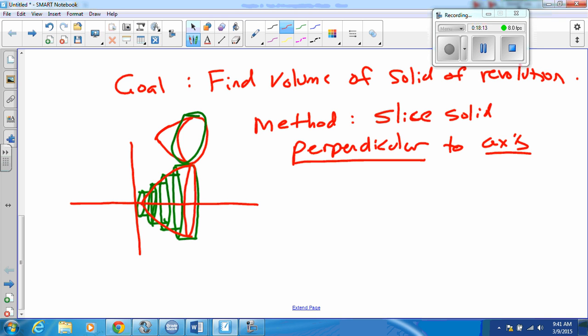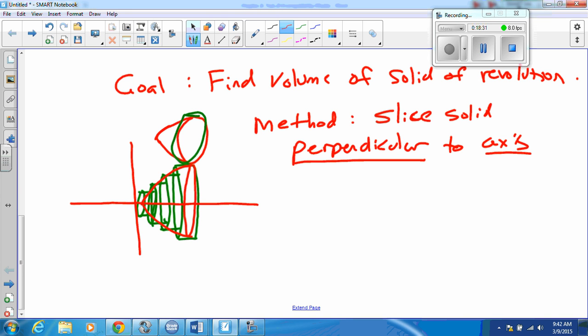Let me talk about that for a second. Our curve lives on the xy plane, right? And our axis of revolution, in this case, is the x-axis. We are revolving about the x-axis, so when I slice my solid, I'm going to slice it perpendicular to that axis.